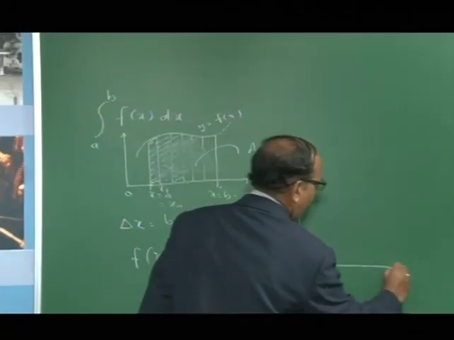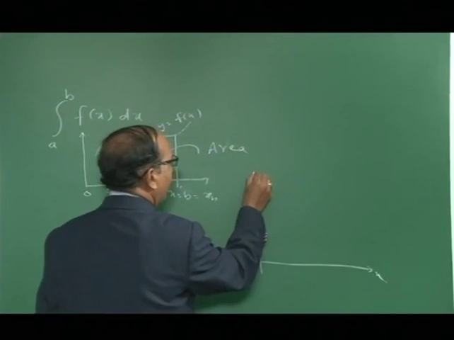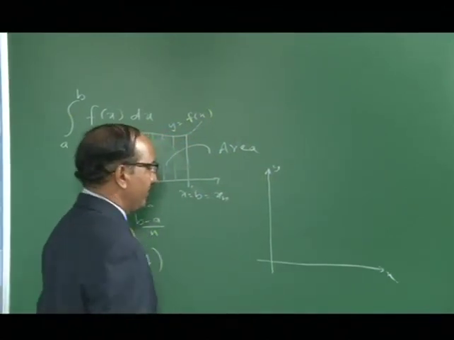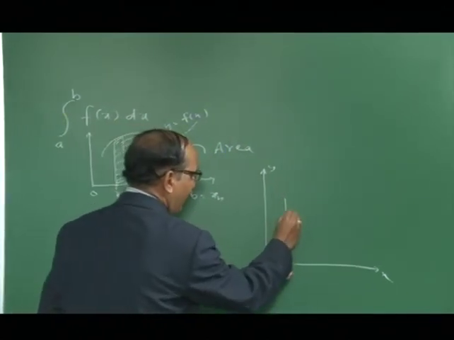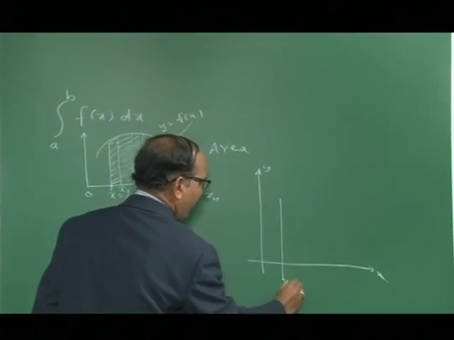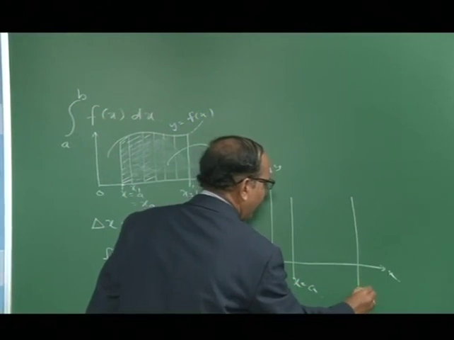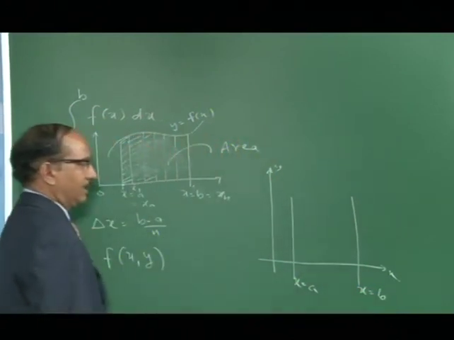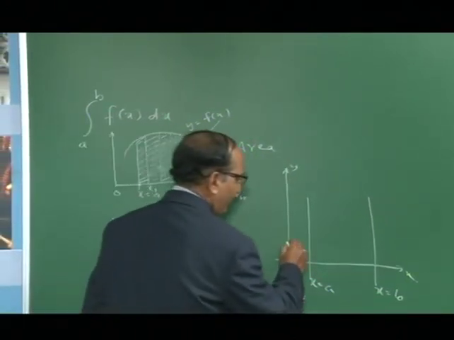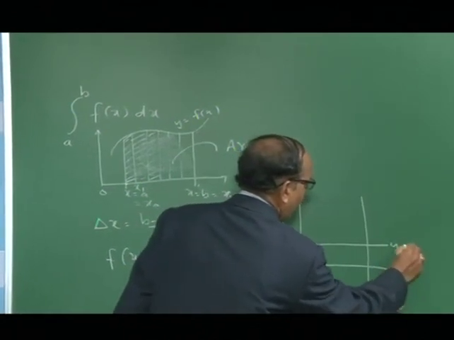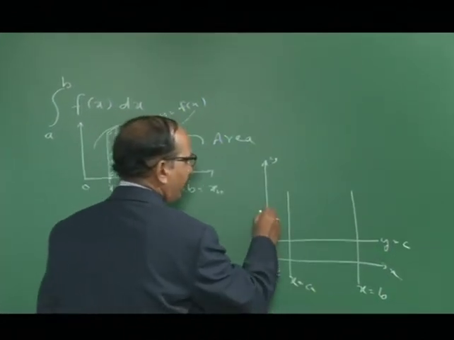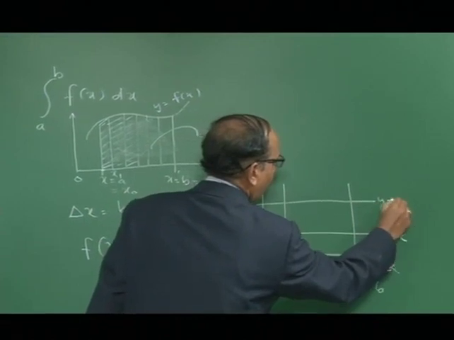Consider the two-dimensional plane xy. Now x equal to a, this line, and x equal to b on the x-axis, then y equal to c and y equal to d.